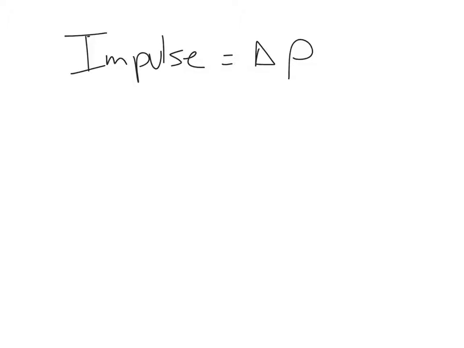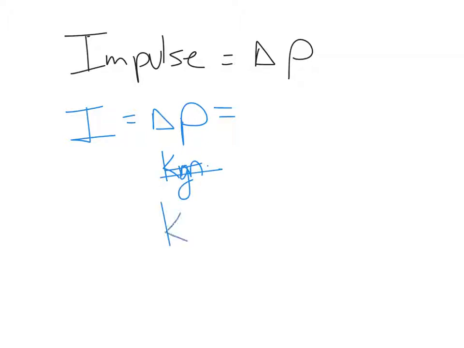Now, to close off this idea of impulse, we said that impulse is equal to the change in momentum, which is simply mass times the change in velocity. Since momentum is measured in kilogram meters per second, impulse can also be defined as being measured in kilogram meters per second.